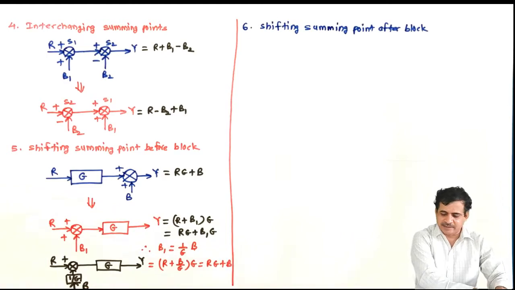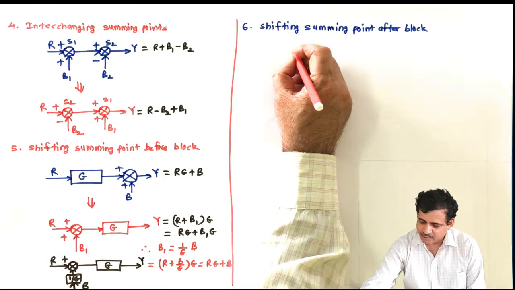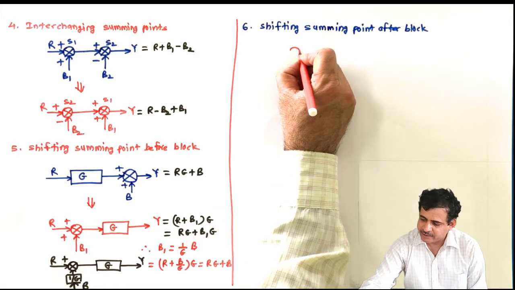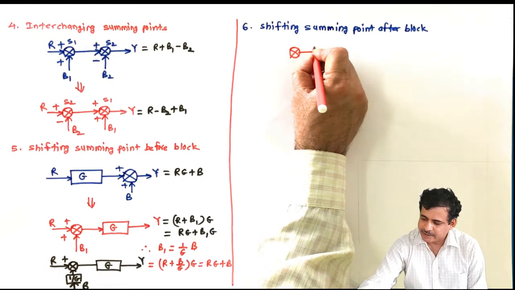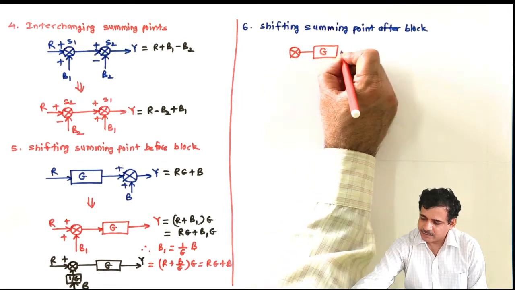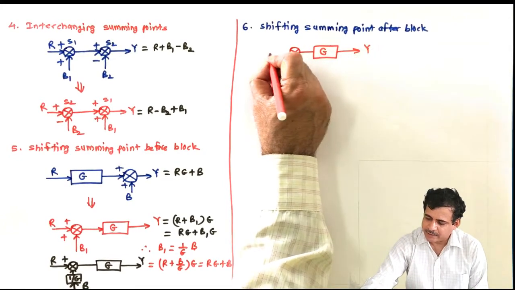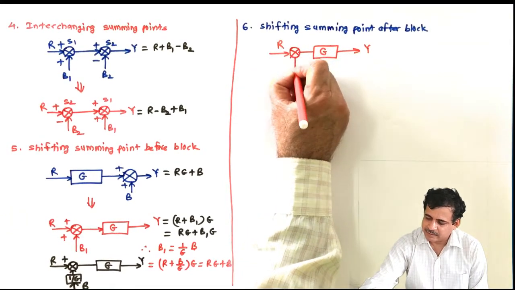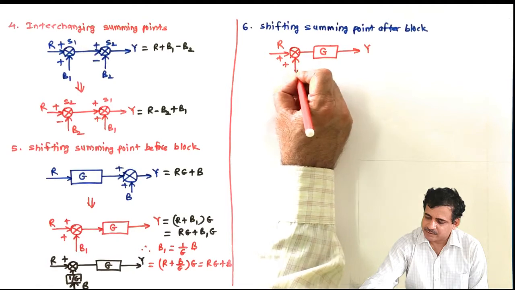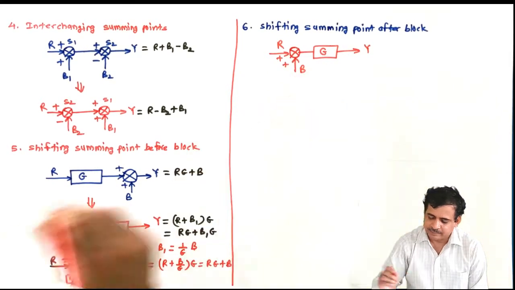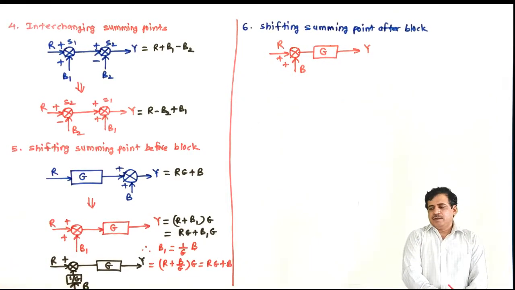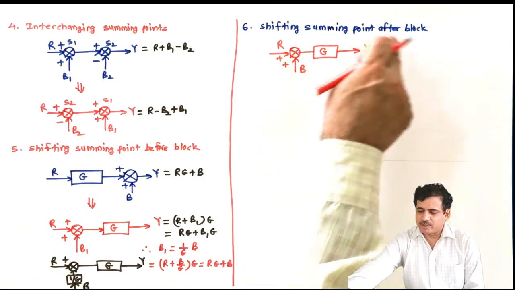So what is the case here is, here we have a summing point, then a block, this is Y, let this be R, say plus plus, and here I am applying B. And now I want to shift this summing point after the block.